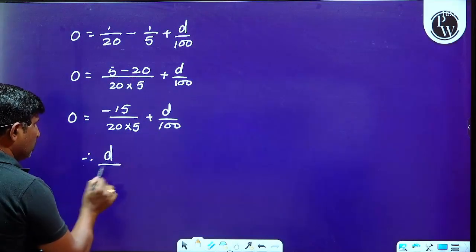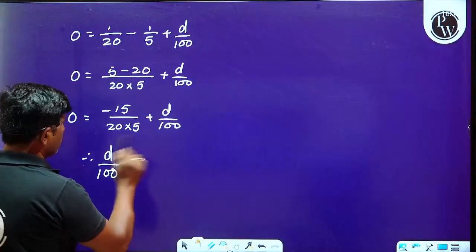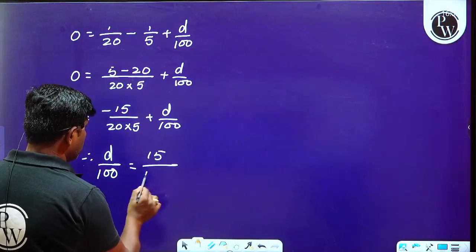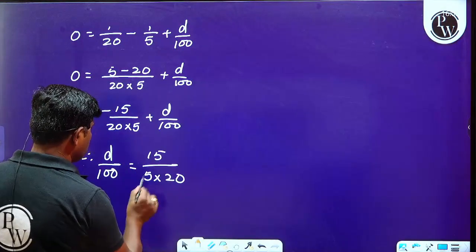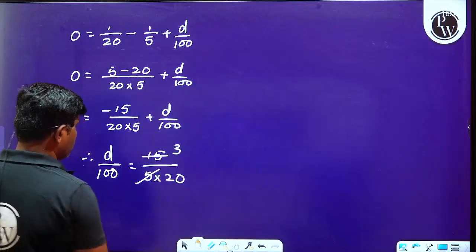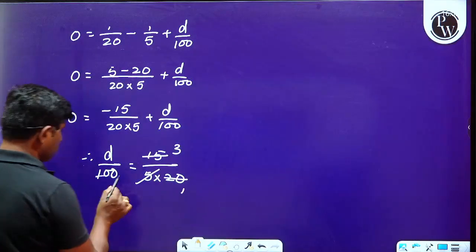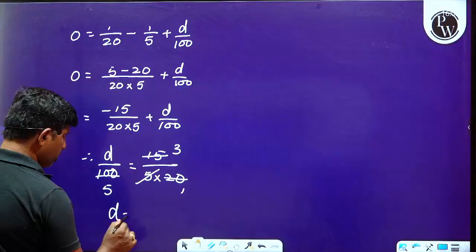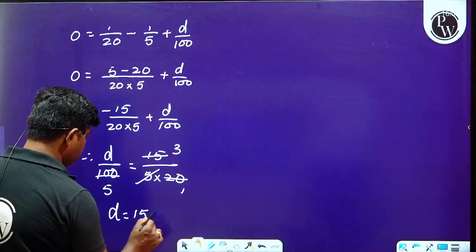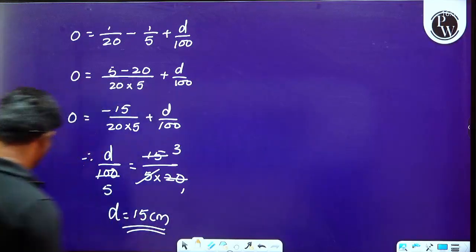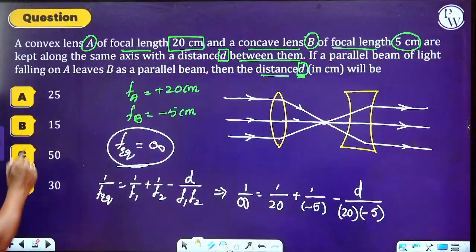Therefore, d divided by 100 is equal to 15 divided by 5 into 20, which is 3 by 20. Therefore, d becomes 3 into 5, which is 15 centimeter. We will get the answer as 15 centimeter.